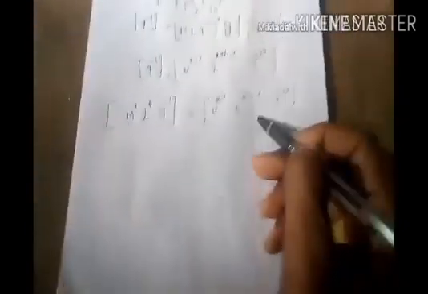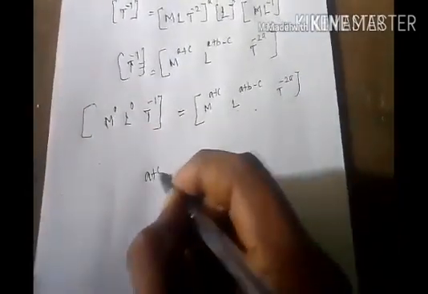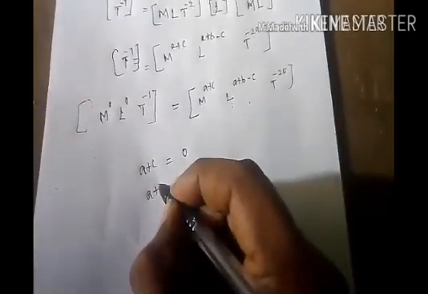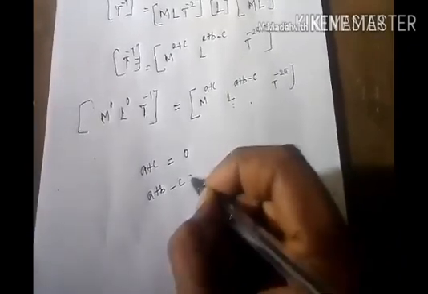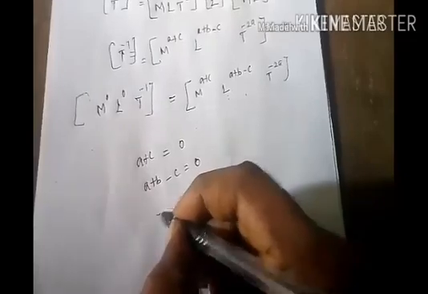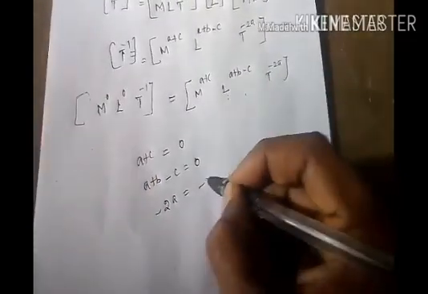Now the powers can be equated on both sides. So the M power: a plus c equals 0. The L power: a plus b minus c equals 0. The T power: minus 2a equals minus 1.